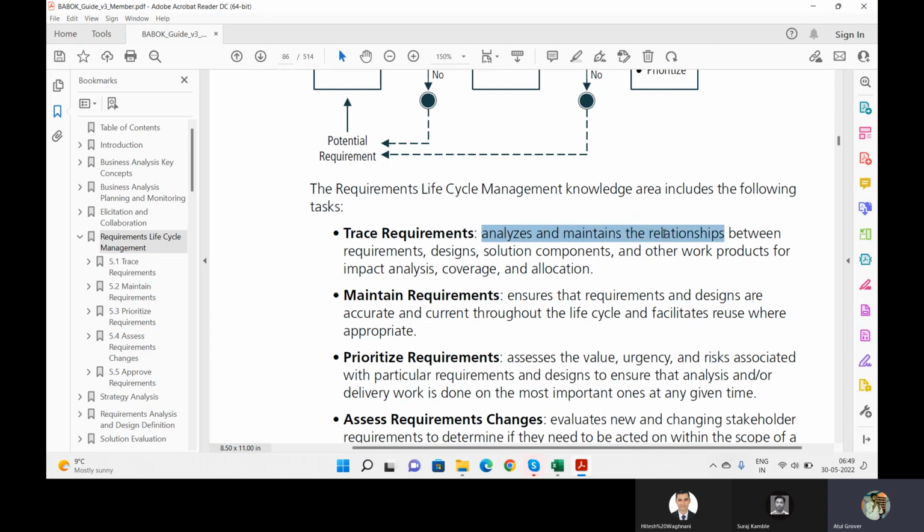Analyze and maintain. See, in this phase you will see what the blocker is here, why it is not moving, so that is called analyze here, and maintaining the relationship between all these things. Maintain requirement.